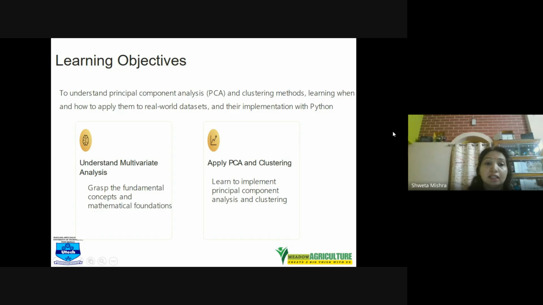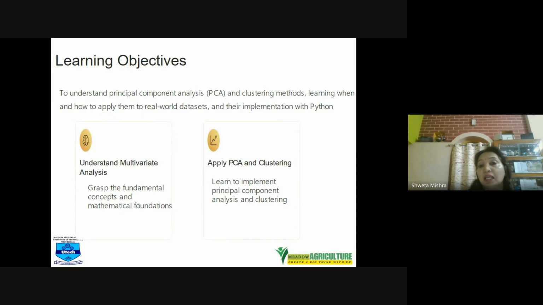Before that, we have to understand what multivariate analysis is. It helps us to understand the fundamental concept of mathematical foundation. That mathematical foundation helps us to make these methods powerful tools or technology that will help us to analyze the correlated data or correlated variables, how they are working together, are they totally different or something.